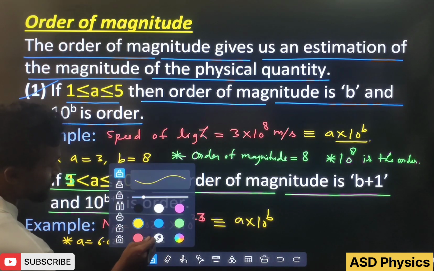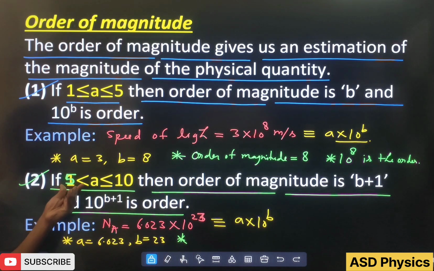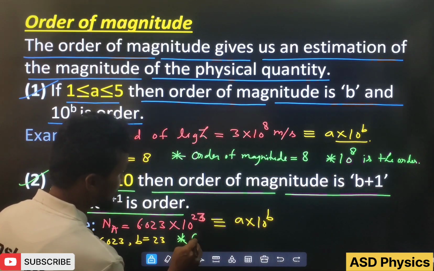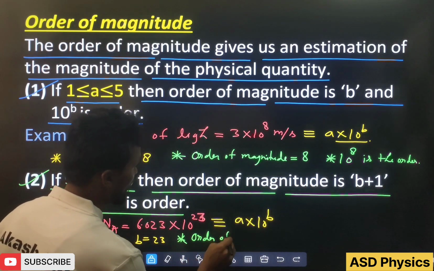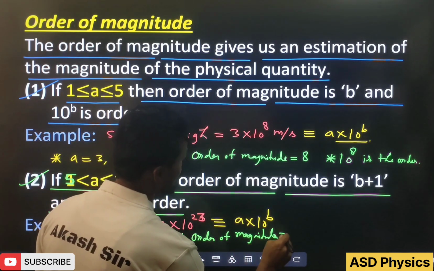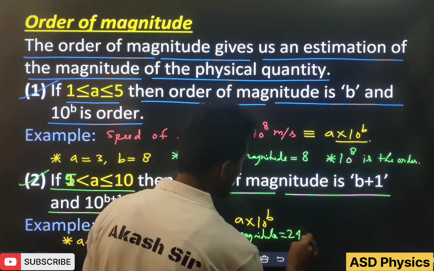Okay, so in this you can see very well, this rule is valid, a greater than 5, correct, 6.023. So the order of magnitude is b plus 1. So students, here I can write the order of magnitude, or OM, is b plus 1. The b value here is 23, so 23 plus 1 is 24.